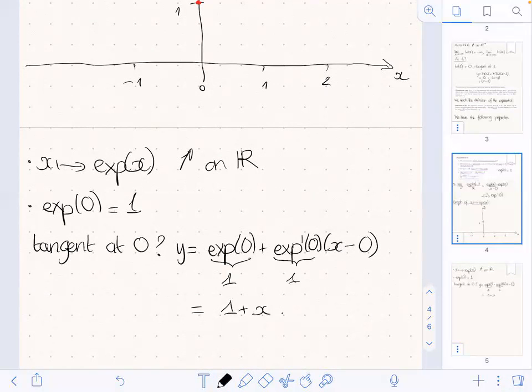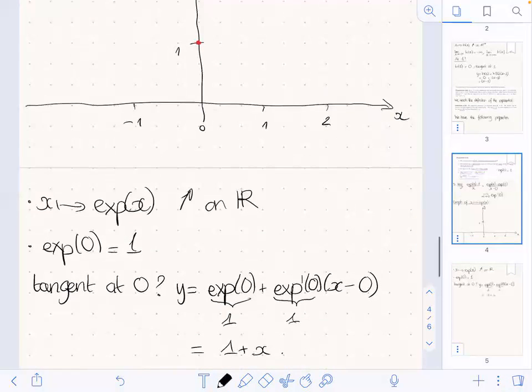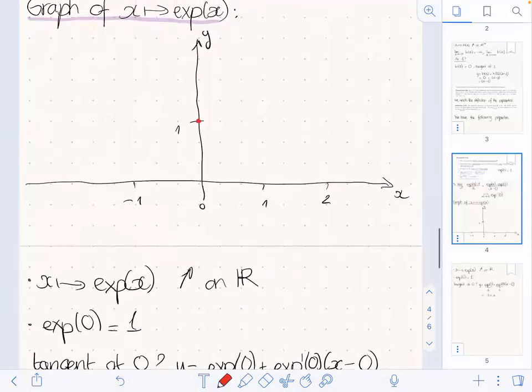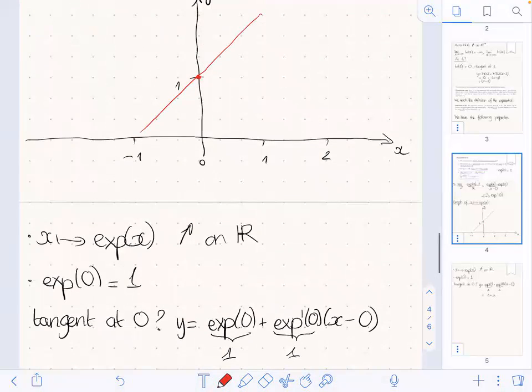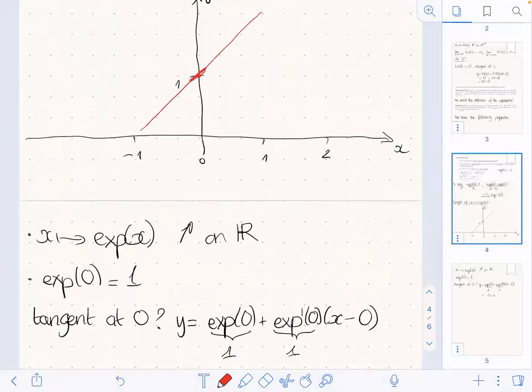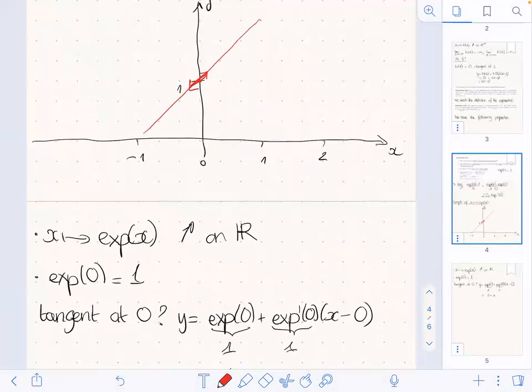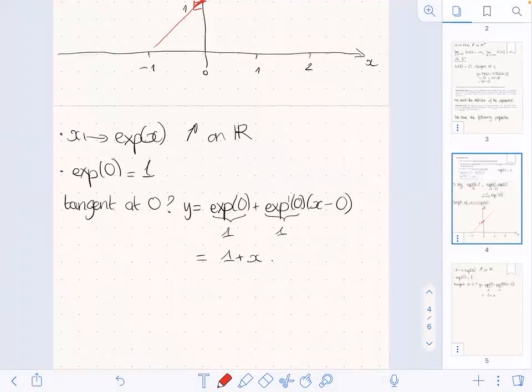And so very roughly on the above graph, 1 plus x has the following behavior. And so you've got a tangent here. One thing that's interesting about this tangent is something we proved yesterday, I think.